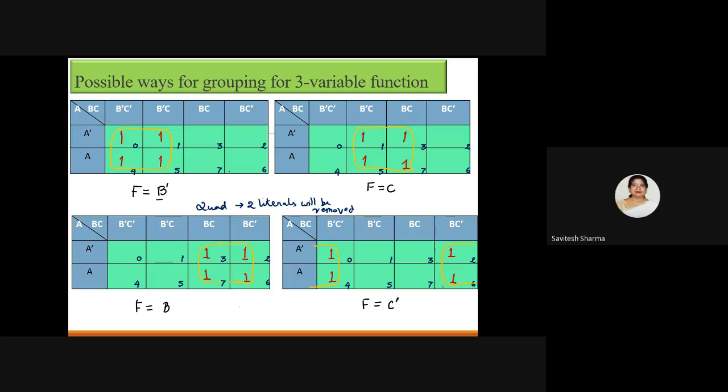As the total number of variables is 3 here, how many literals will you write in the expression? Only 1. So this is the beauty of this K-map. You are simply removing the literals, but you just have to do grouping. So your tendency should be to make groups as large as possible.